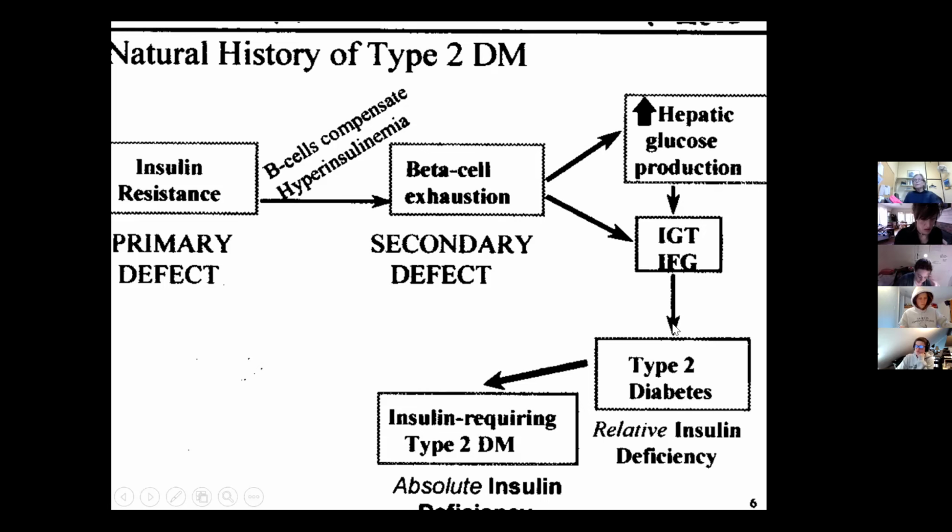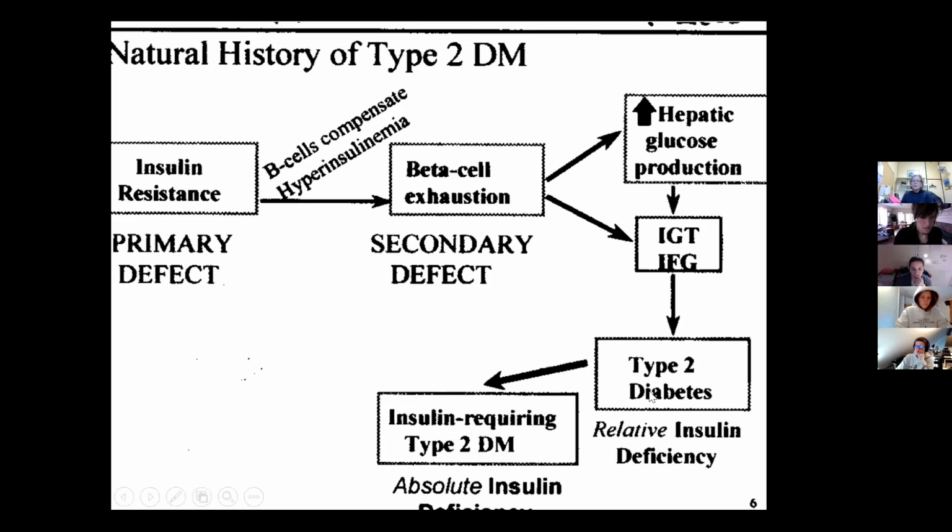Without anything to interrupt that process, as the person ages, and as I said, oftentimes with age we see decreased physical activity, and we might see increased weight gain as well.